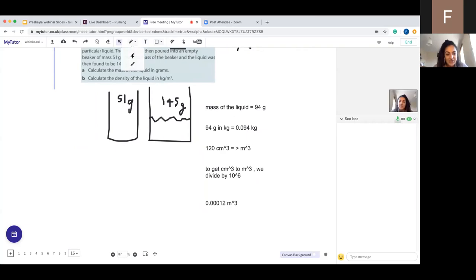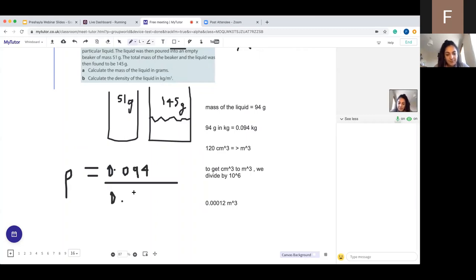So the density is mass, 0.094, divided by the volume in meters cubed, which we've just found to be 0.00012. Or your calculator might give you 1.2 times 10 to the minus 4, which is fine to use instead as the denominator.